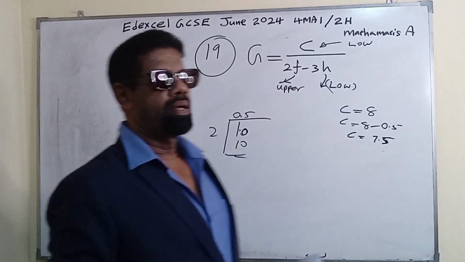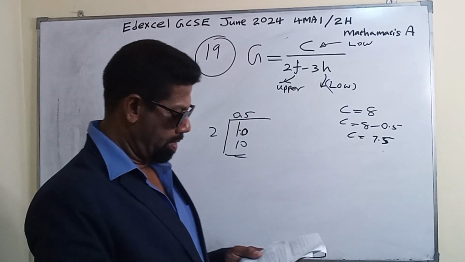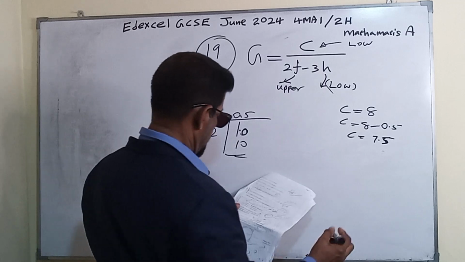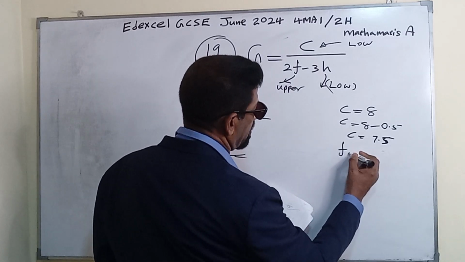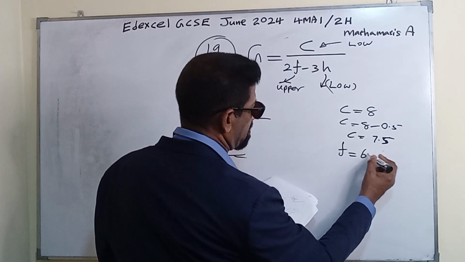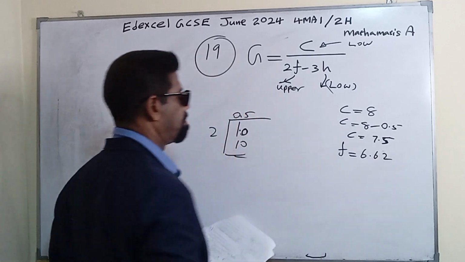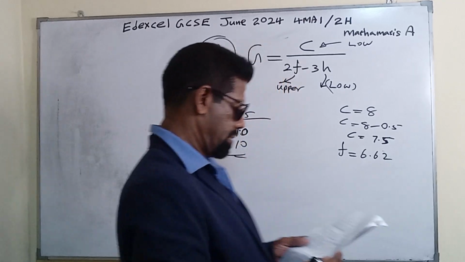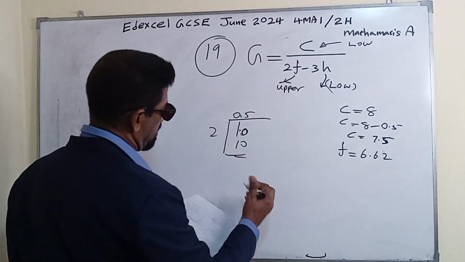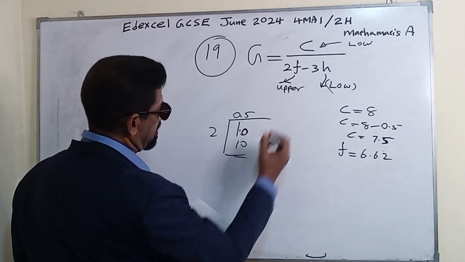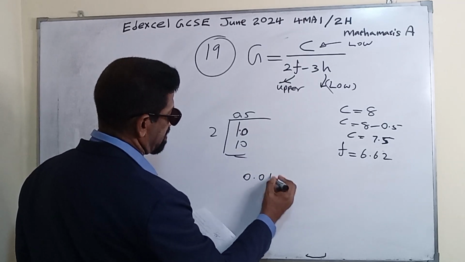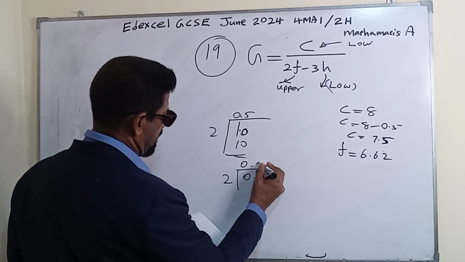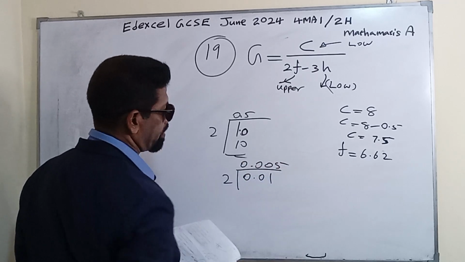Then you select F upper bound, to 2 decimal places. That H, please follow, every year this type of sum comes. 6.62, two decimal places. Then you take the upper bound: 0.01, 2 decimal places, divided by 2, which is 0.005.